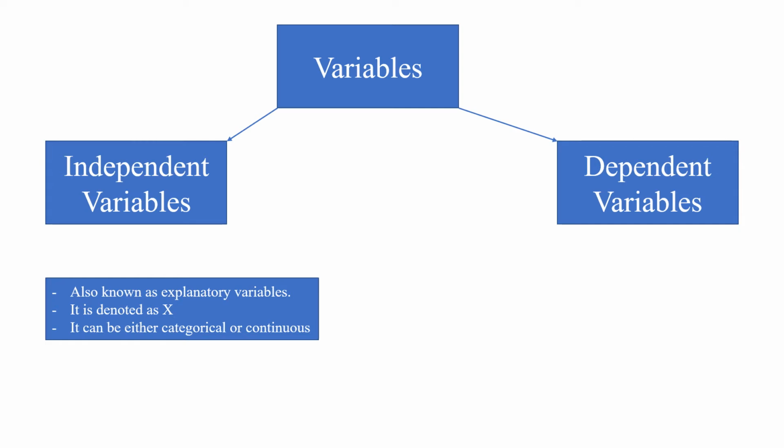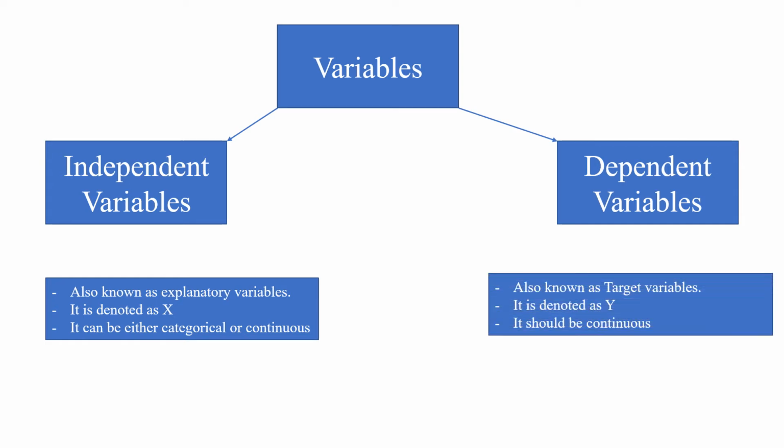That is independent variables. Now, what exactly are dependent variables? These are variables which are defined inside of a model. This can be controlled to some extent by the researcher. It is mostly known as the target variable or the predicted variable.